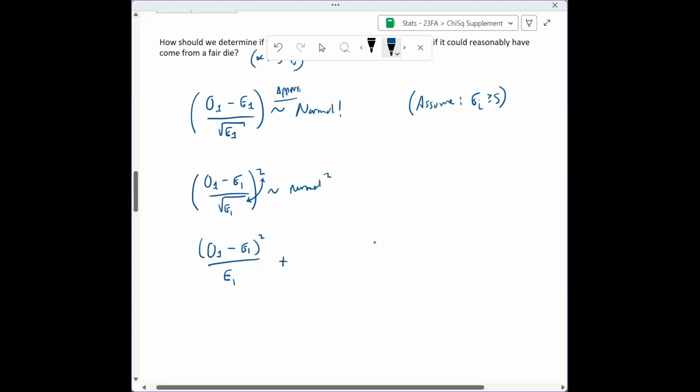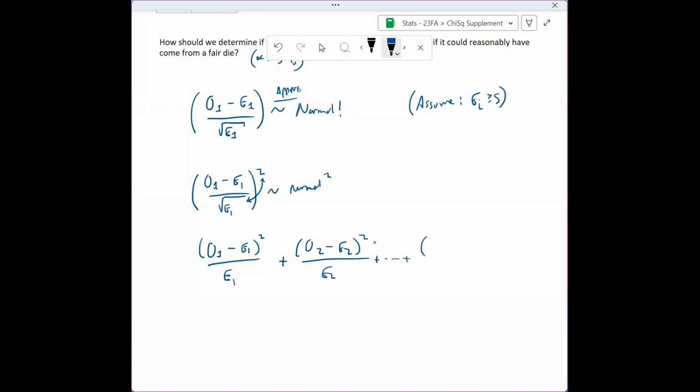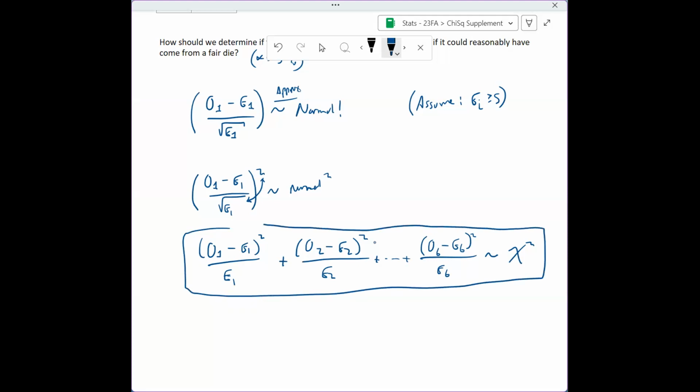If I add those up, what I have is a sum of squared normals. And remember that if I sum normal squareds, that gives me a chi-squared distribution.